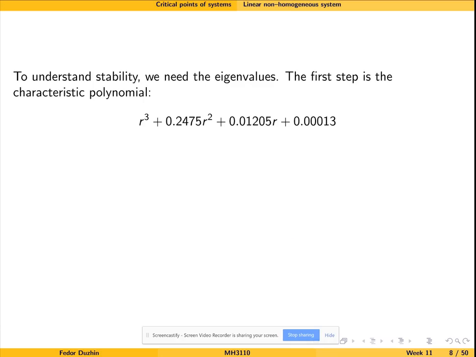All right, now to understand stability of the resulting system, we need to find eigenvalues. The first step to find the eigenvalues is to write the characteristic polynomial, which is the determinant of A minus rI. In other words, you take the matrix A, you subtract r on the main diagonal, and you compute the determinant of the resulting expression.